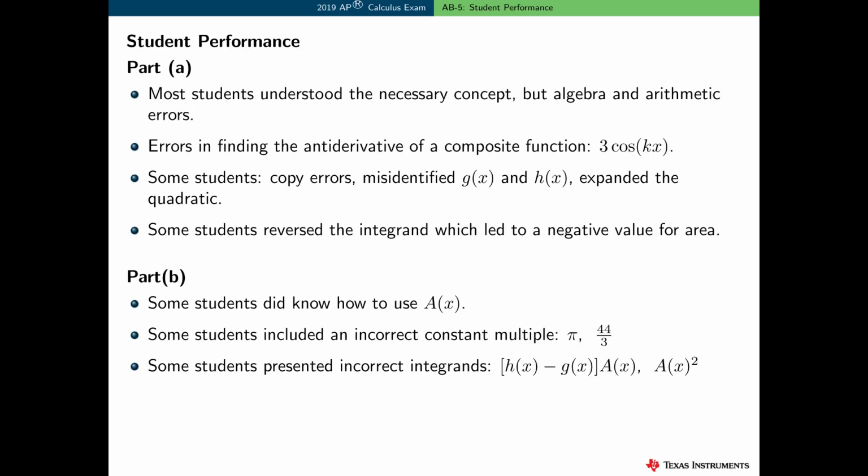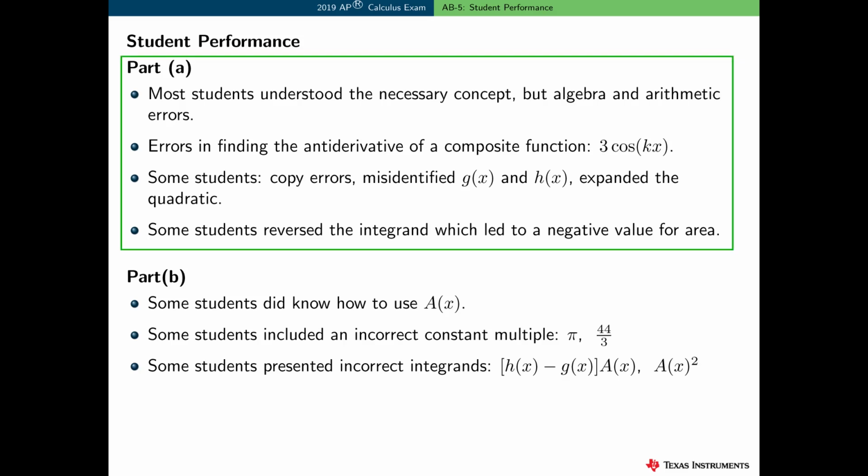Here are some general comments about student performance on this question. In Part A, most students understood the necessary concept to solve this problem, a definite integral of h minus g or g minus h. But unfortunately, there were some algebra and arithmetic errors. Some students had trouble finding the antiderivative of a composite function, specifically 3 times the cosine of kx.